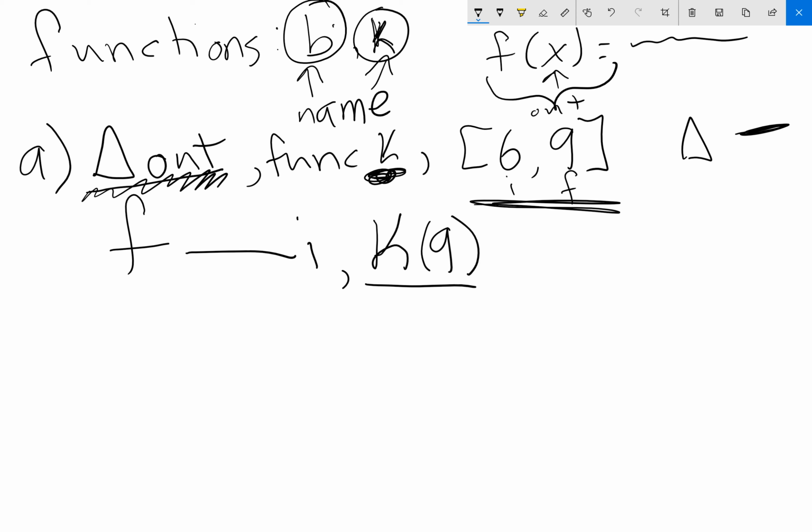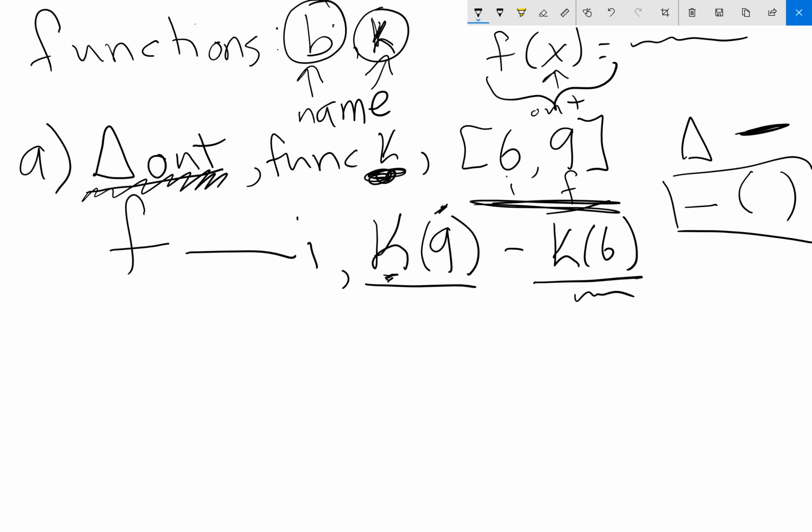This is going to show us the output of the function k when the input is 9, because 9 is our final input, minus k of 6, the output of the initial value, which is 6. Okay? That's all there is to it. Whenever it asks for function notation, you're going to have the name and an input, and any variation of this. So here we had function and input minus function and input.